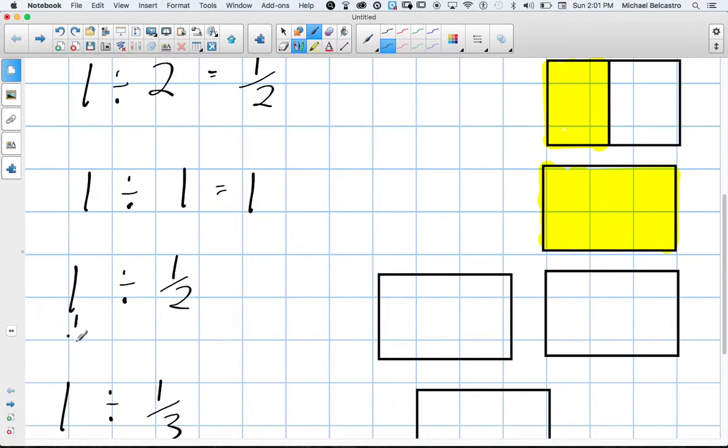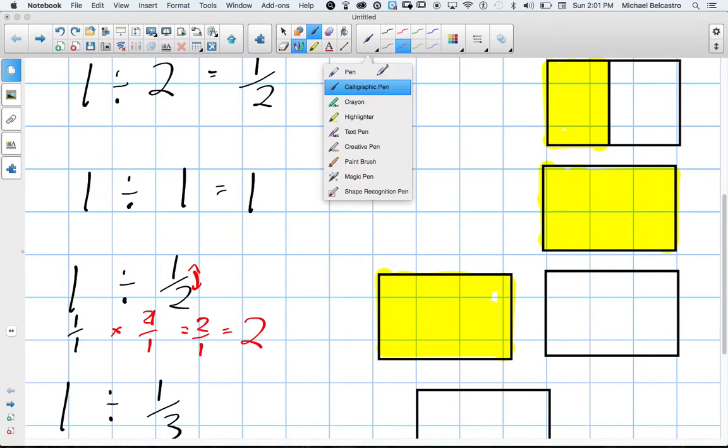This is the same as 1 over 1, and instead of dividing, we multiply by 2 over 1. We've inverted this. We get 2 over 1, multiply top by top, bottom by bottom, which is 2. So 1 divided by a half is 2, and it follows our pattern.